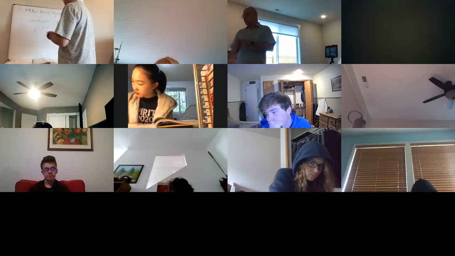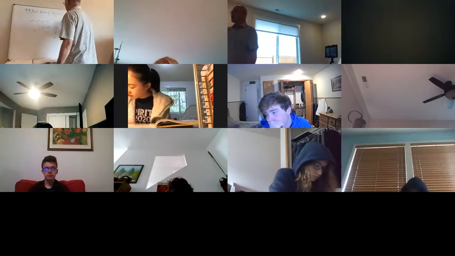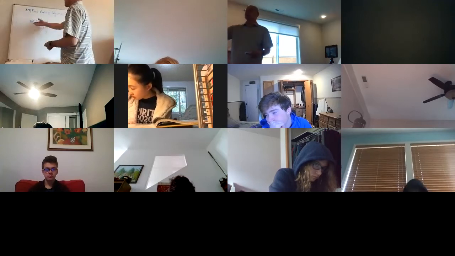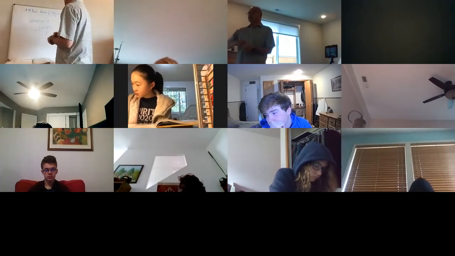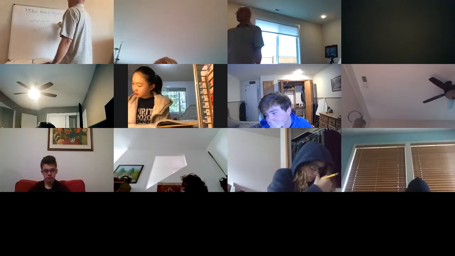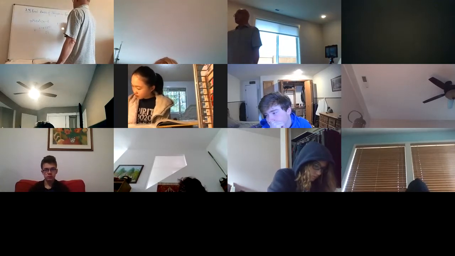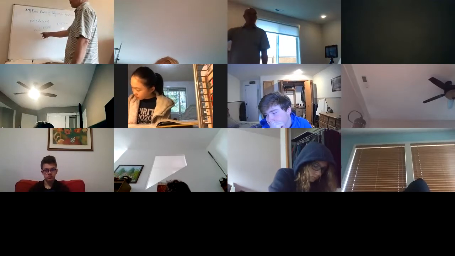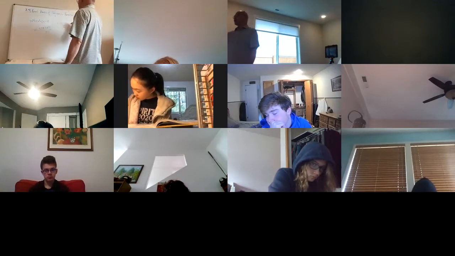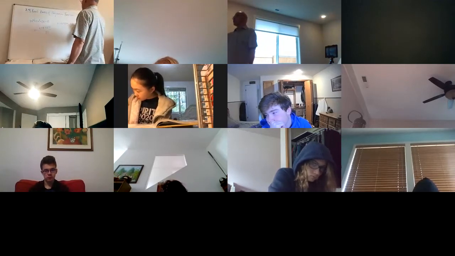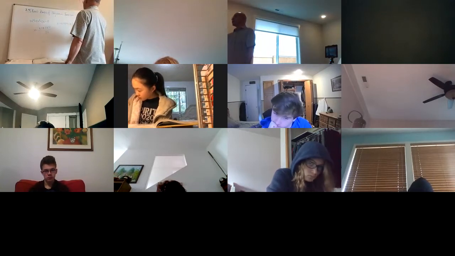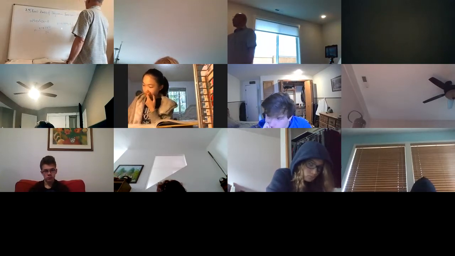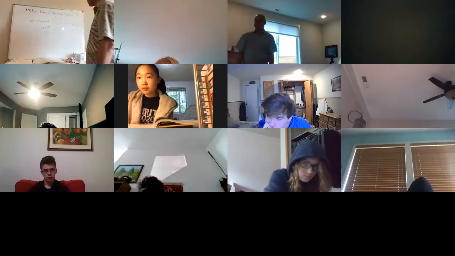So the possible answers are plus or minus 1, plus or minus 2, plus or minus 4, which is the division by 1, and then plus or minus 1 over 3, plus or minus 2 over 3, plus or minus 4 over 3.